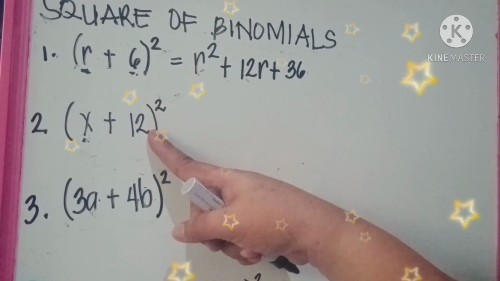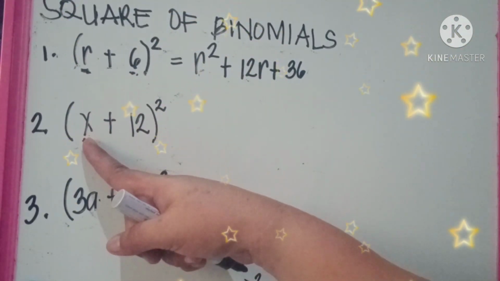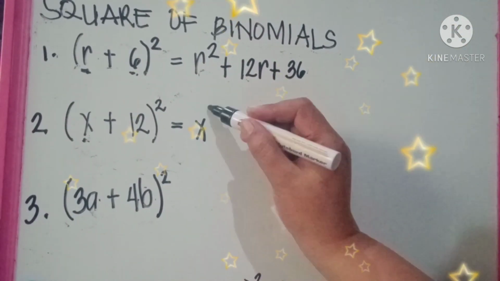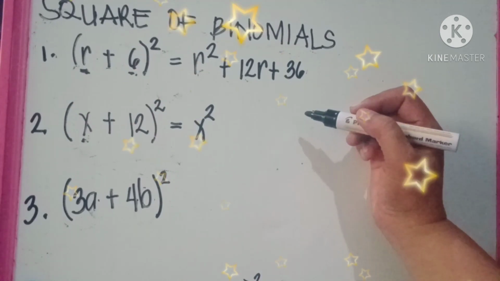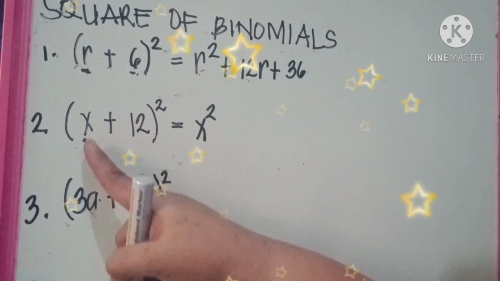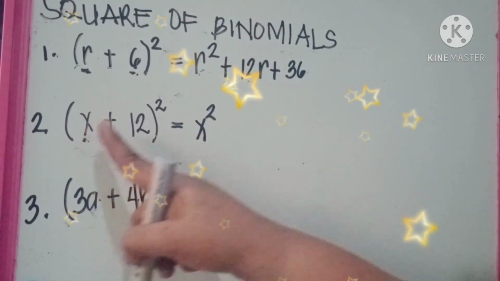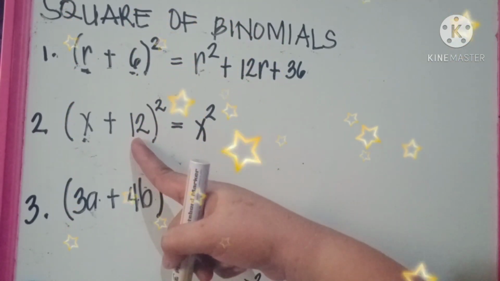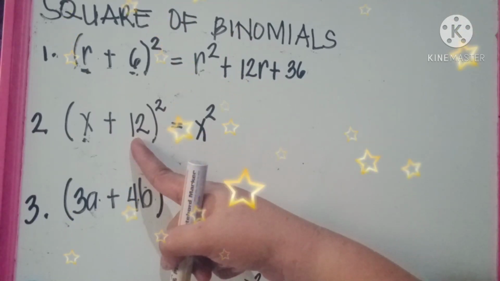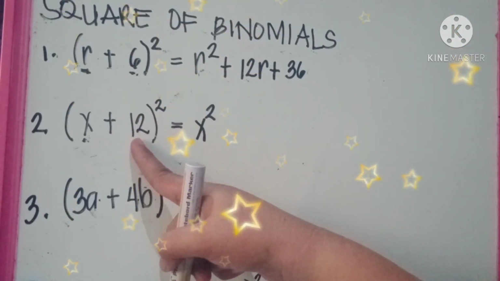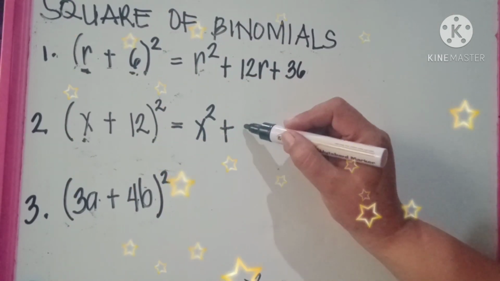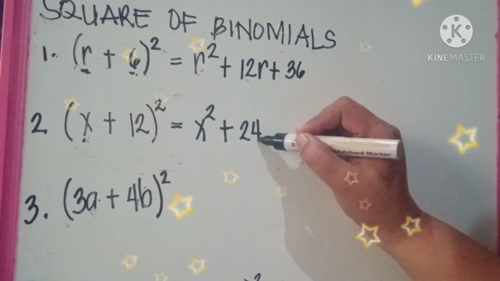So, our first term is x. So, multiply x by itself. So, that is x squared. Then, multiply the terms of the binomial. We have x times positive 12. The answer is 12x. Then, multiply it by 2. So, the answer now is positive 24x.